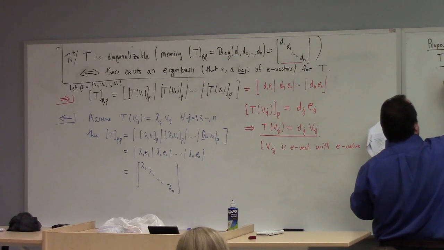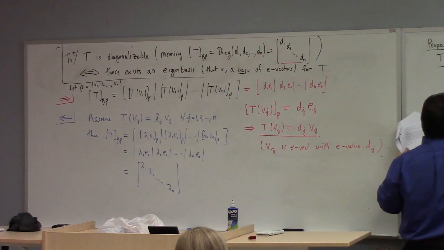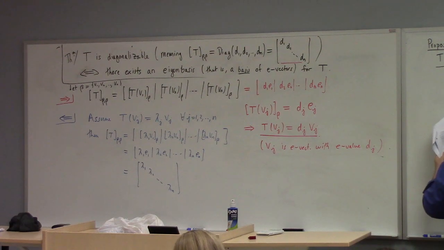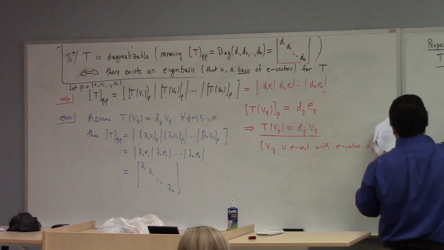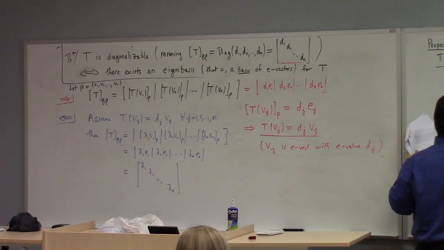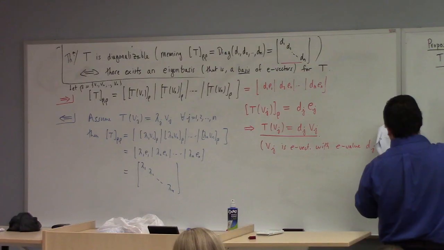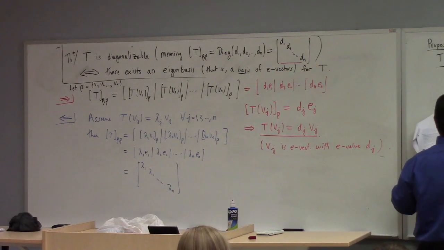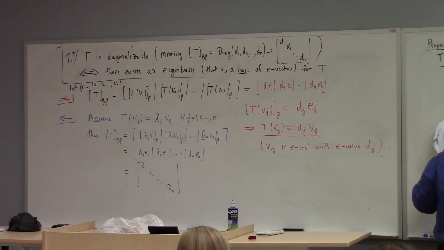Number 1, lambda is an eigenvalue of A. 2, there exists v not equal to 0 such that Av equals lambda v. 3, there exists v not equal to 0 such that A minus lambda I times v is equal to 0.